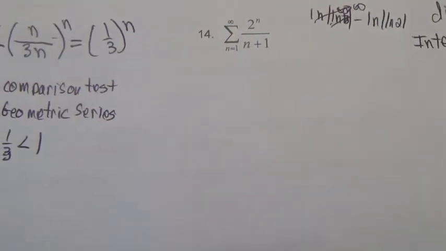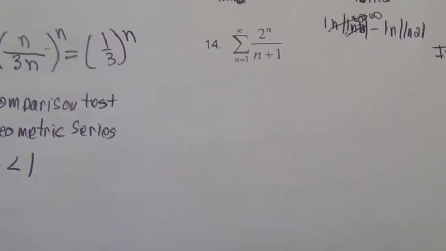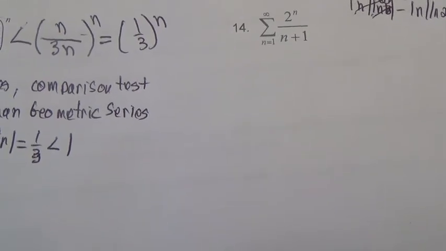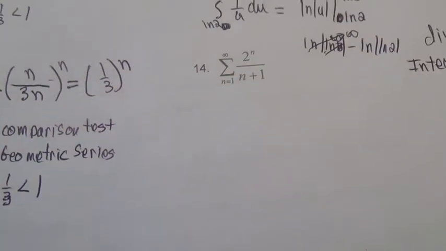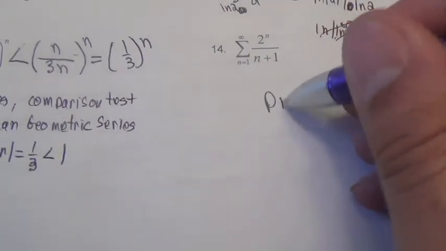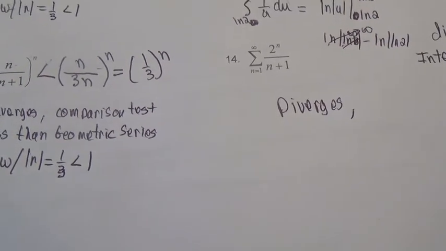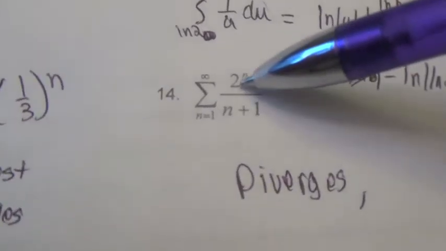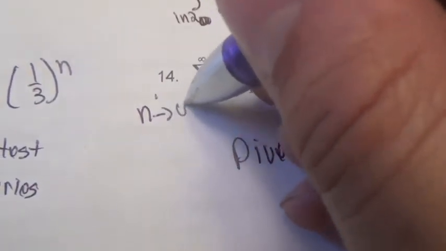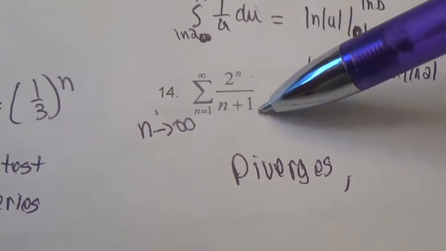Alright, 14. Do 14 real quick. That should be really quick and easy. The reason is because this guy should right away diverge. If you look at this, when you do your nth term test, which you are always doing first, as n goes to infinity, this guy grows faster than this one.